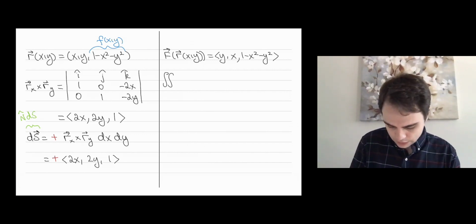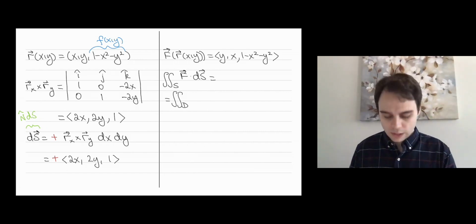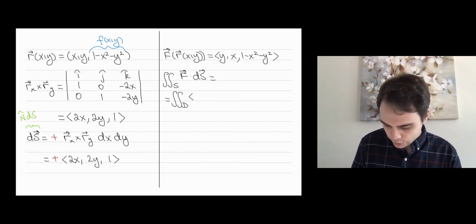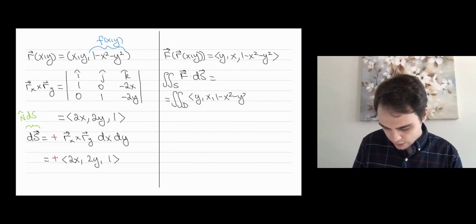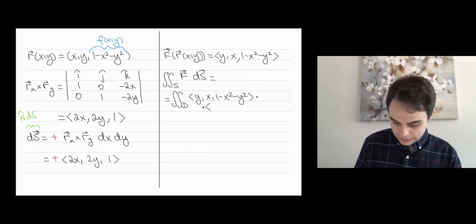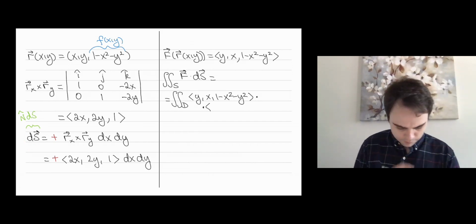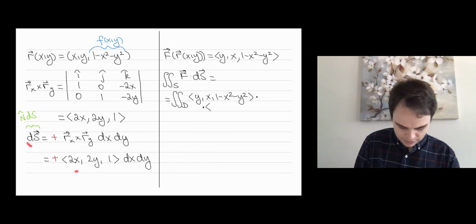That's the double integral over this surface of the vector field dotted with dS. That is equal to the double integral over the disk of radius 1. And here we're integrating this vector field y, x, 1 minus x squared minus y squared, with a dot product, with dS, the one with an arrow on top of it. Oh, excuse me, I should have completed this. So multiplied by this.